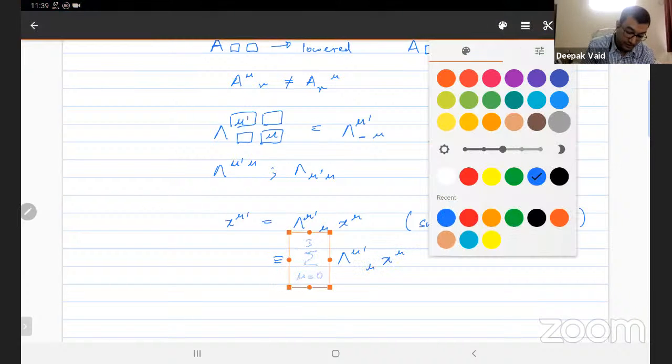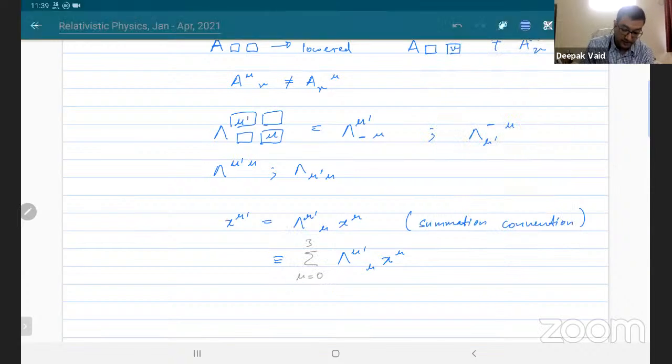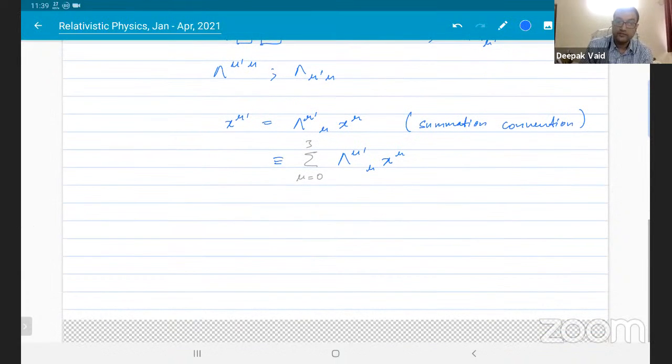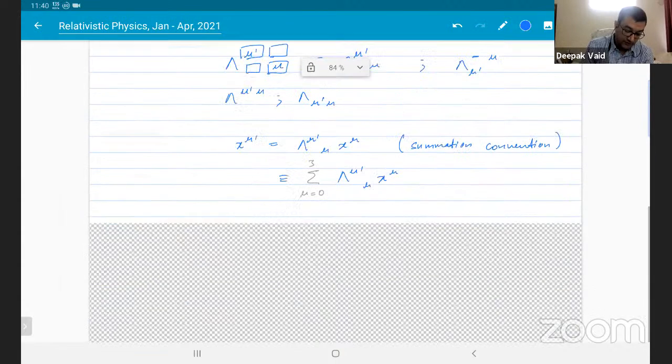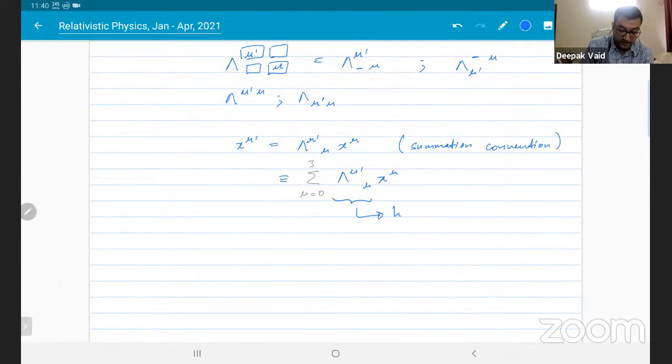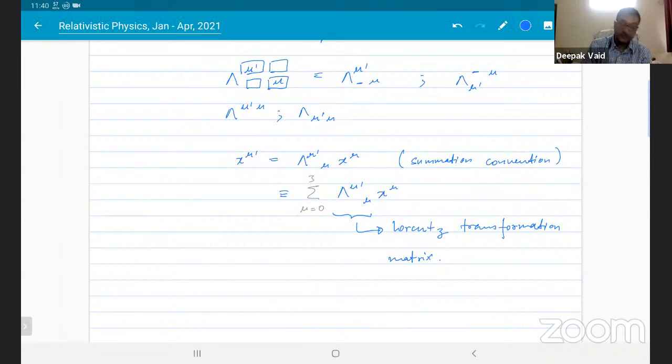And once again, I'll make this gray just to indicate that we kind of ignore this fact. So this transformation, this matrix, is our Lorentz transformation matrix. Okay, so these are 4 vectors and this is a matrix.